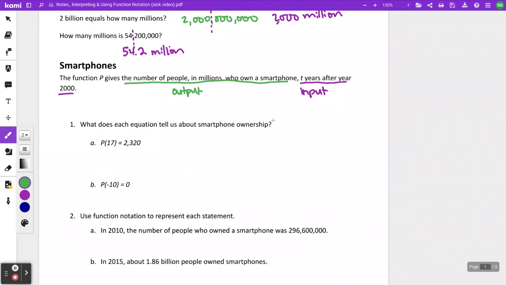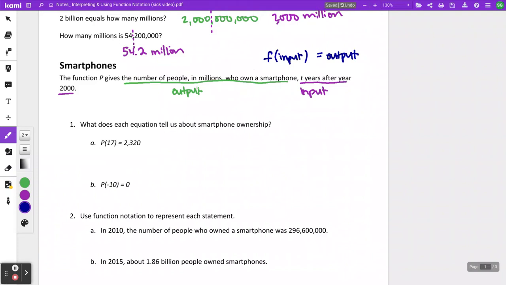One of the things we had talked about yesterday with function notation is when you're looking at function notation, you've got the name of the function in front of those parentheses. Inside the parentheses is always going to be your input. And then if it's an equation, what comes after that equals part is going to be your output.